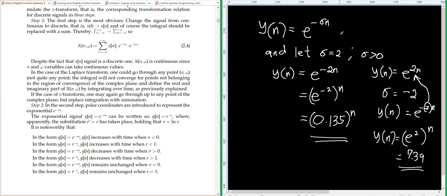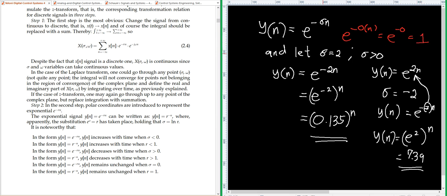So if your original value is e to the negative 0, that's e to the 0, it will become 1.